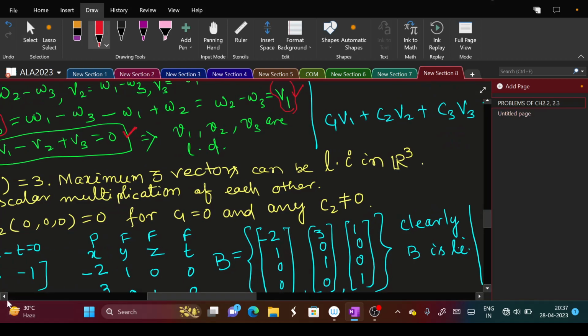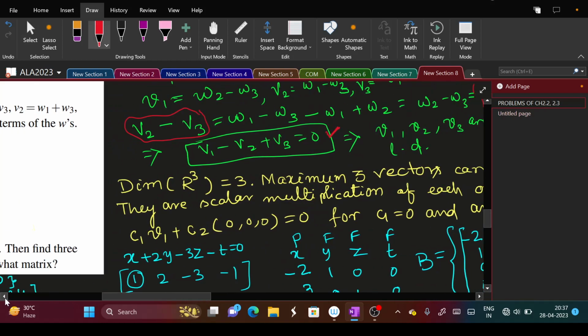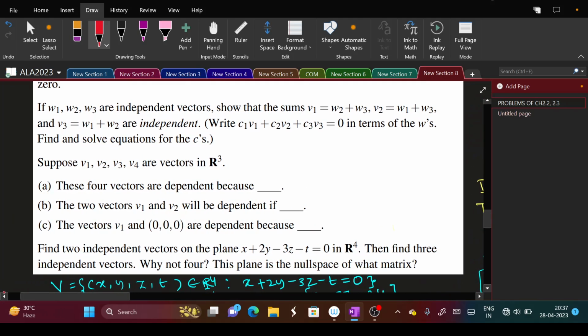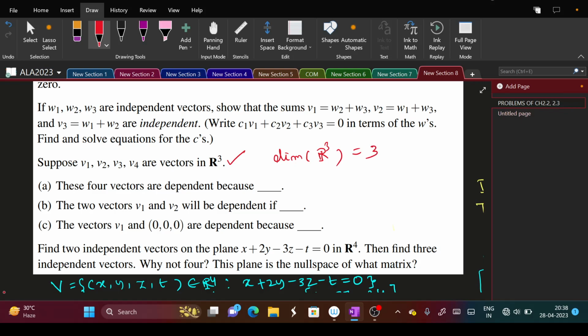Next, we will discuss this question. Suppose V1, V2, V3, V4 are vectors in R cube. These four vectors are dependent because the dimension of R cube is equal to 3.